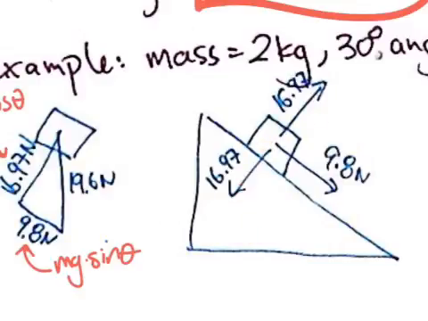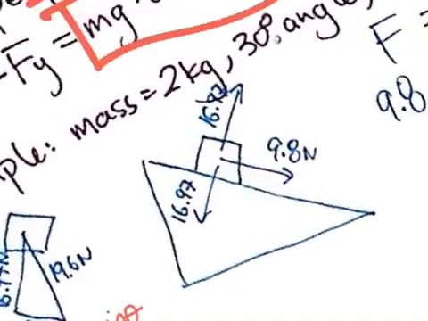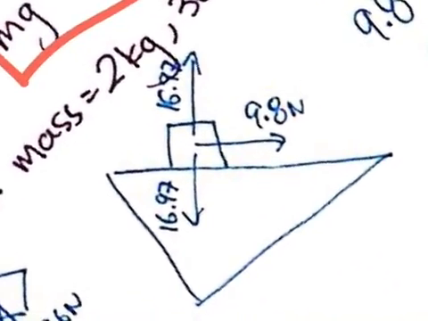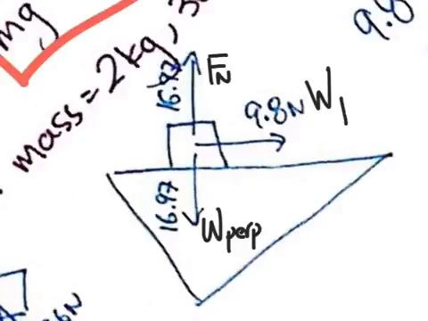So these, and I'm going to just rotate it like that, the perpendicular components cancel one another out. This again is a normal force, and we could call this W sub perp, the perpendicular component, and this, the parallel component of the weight.